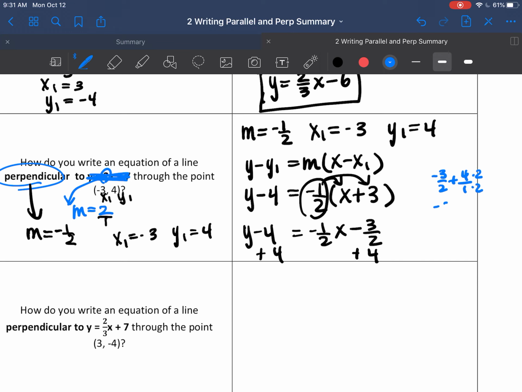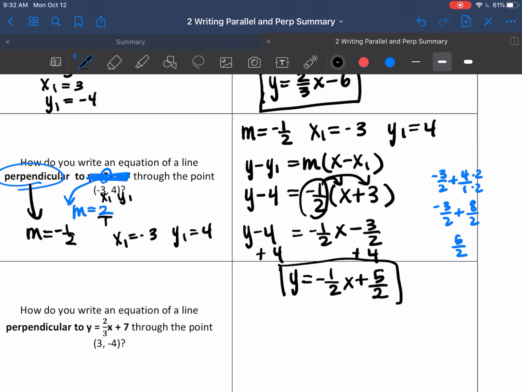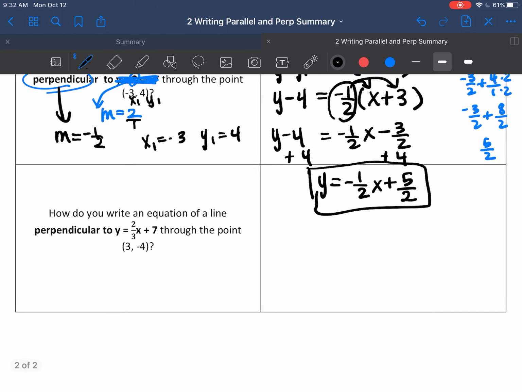I've got to multiply top and bottom by 2. Gives me 5/2. And so my final equation, the y-intercept is 5/2 or 2.5 if you converted to decimals.